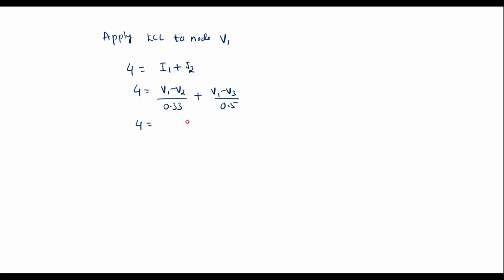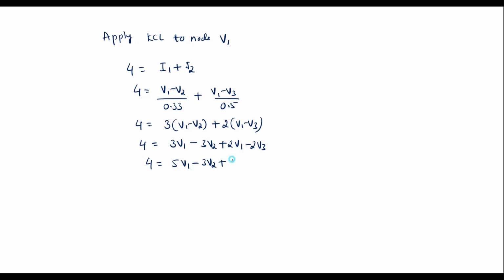Or I can write 4 is equal to 1 upon 0.33 means it is 3 times V1 minus V2 plus 1 upon 0.5 means 2, that is V1 minus V3. Or I can write 4 is equal to 3V1 minus 3V2 plus 2V1 minus 2V3, or 4 is equal to 5V1 minus 3V2 minus 2V3. Let me call it as equation number 3.